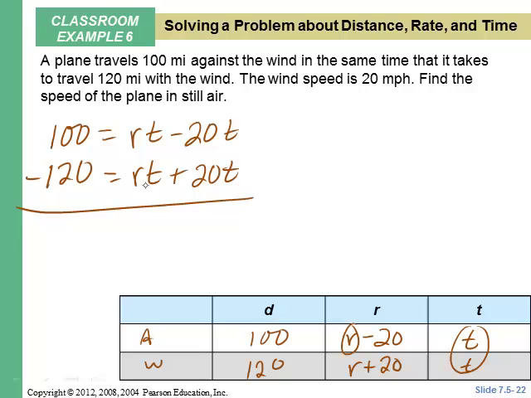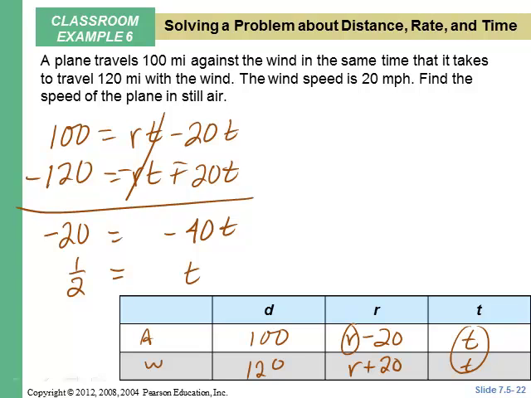And if we subtract the second equation from the first equation, we'll have negative 20 equals, these cancel, negative 40t, so t is 1/2 hour.